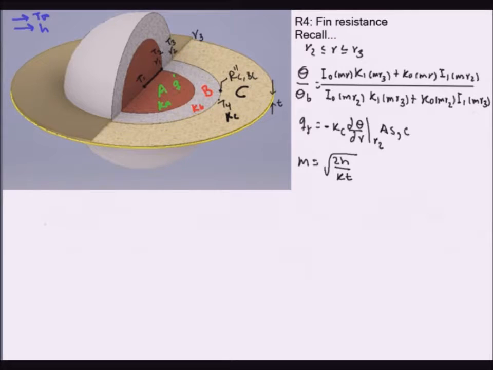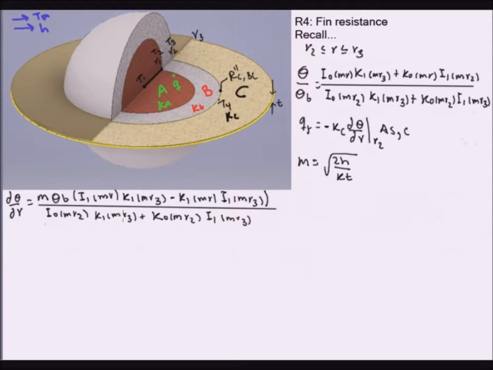So let's do so. Here I took the derivative of this temperature profile, and all you have to do is just chain rule, taking the m's out, and then noticing that the derivative of the modified Bessel function K0 is just minus K1.